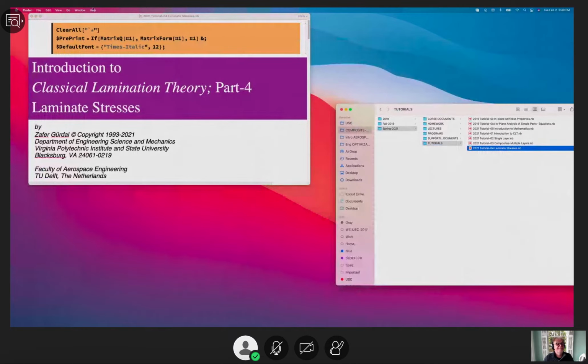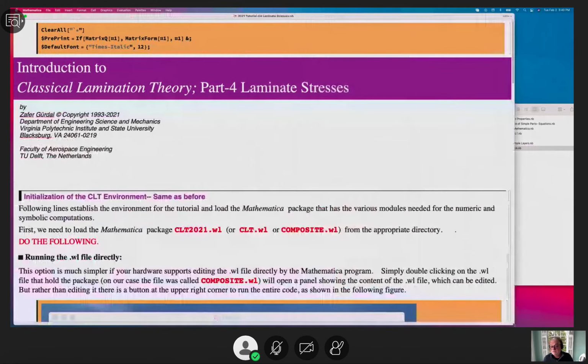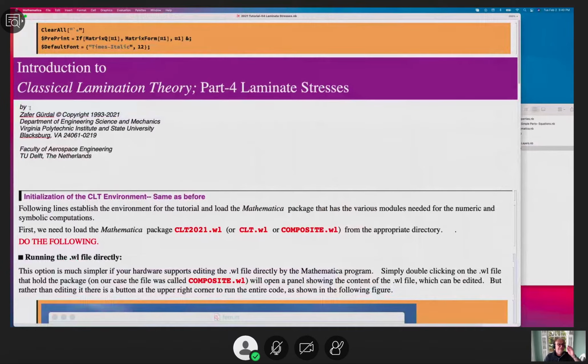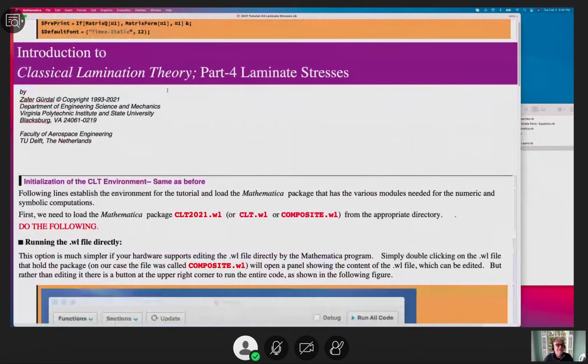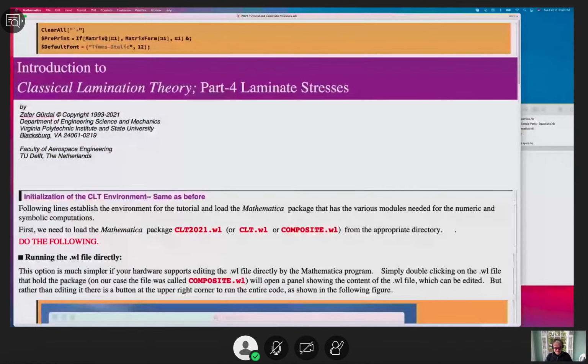And we're going to make it right here so that we will be able to say help. I'm getting the feedback that there are still people who are having a little difficulty with the Mathematica.